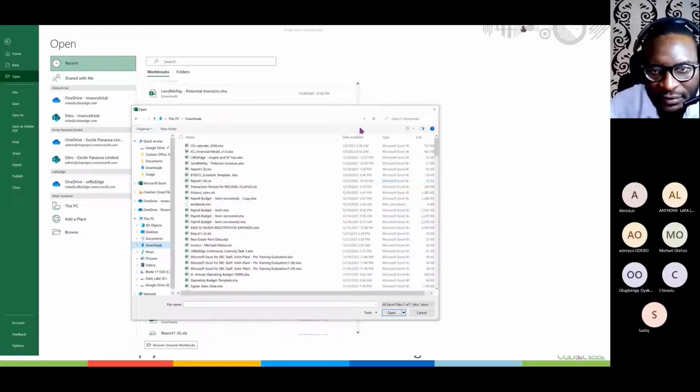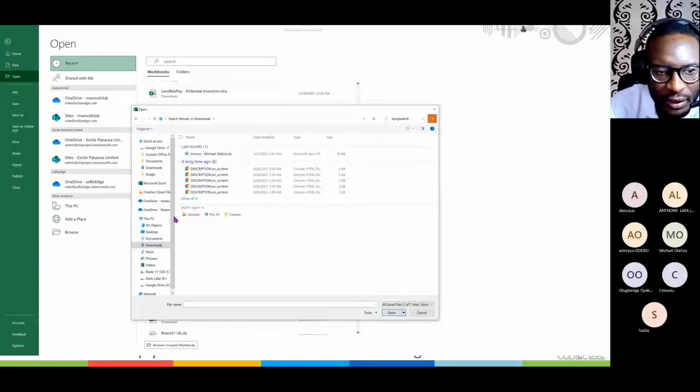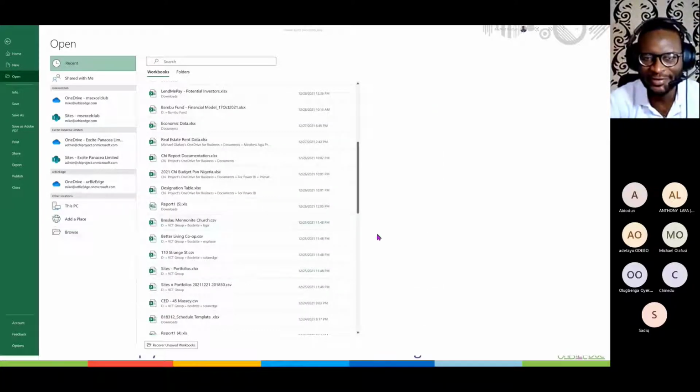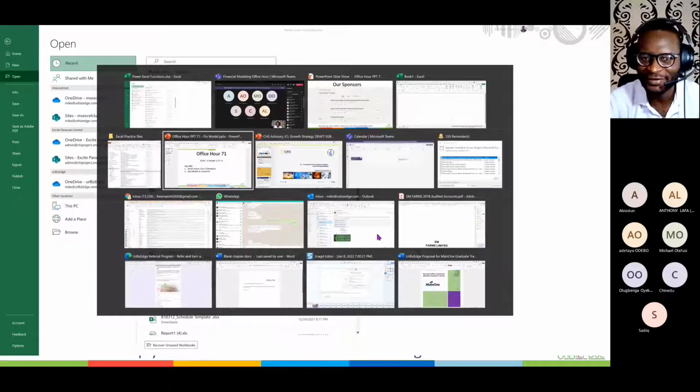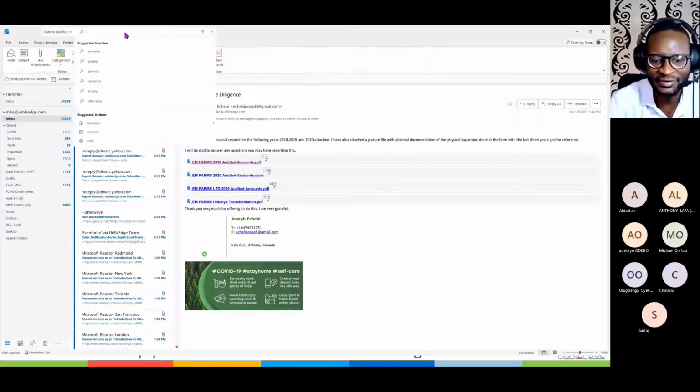Maybe it's in my download. No problem. I can go open it from my email, from my inbox. Sometimes I see what I'm looking for faster in my inbox.